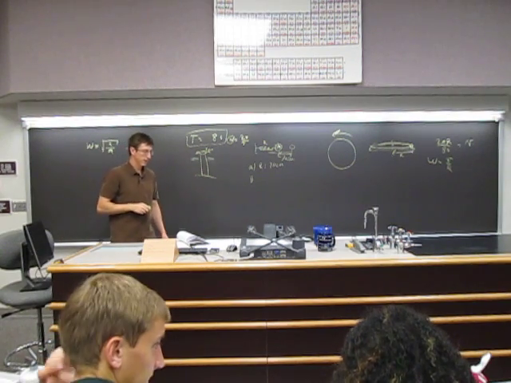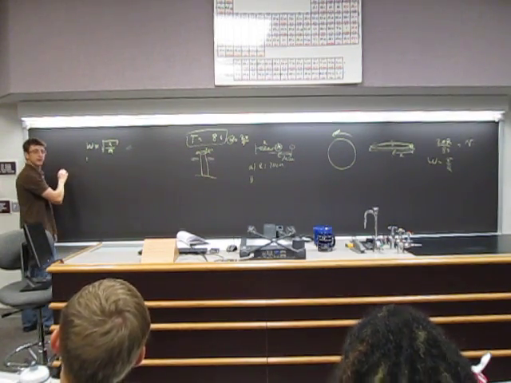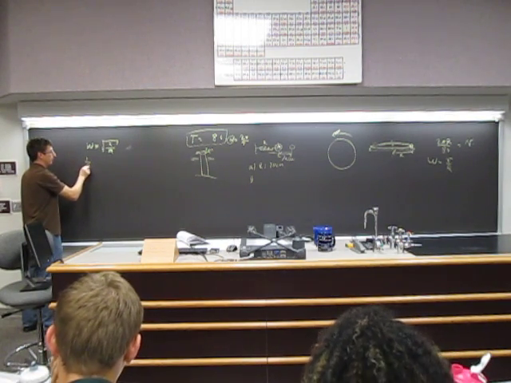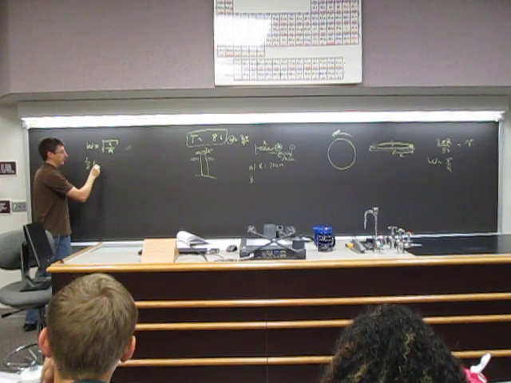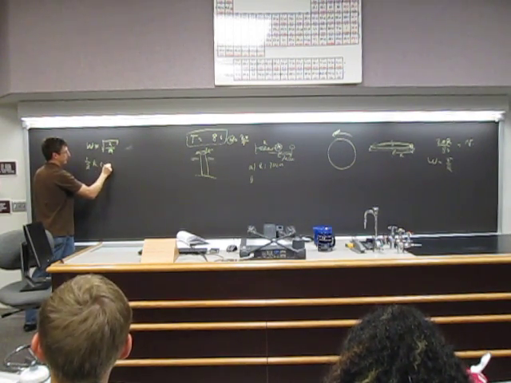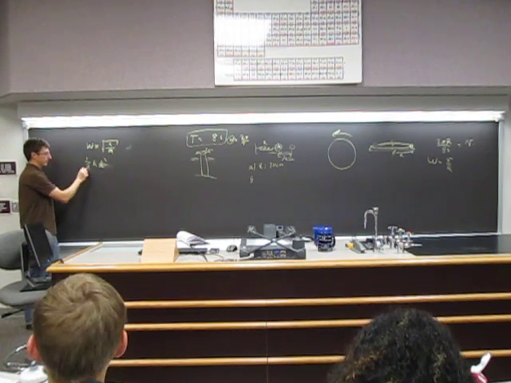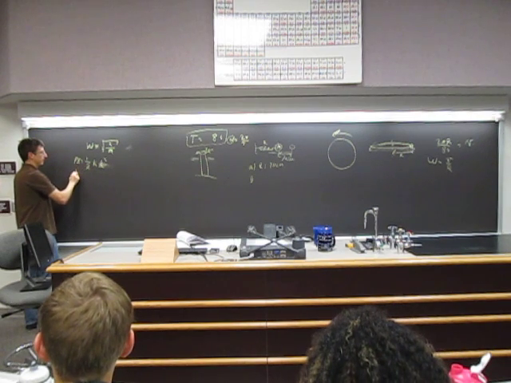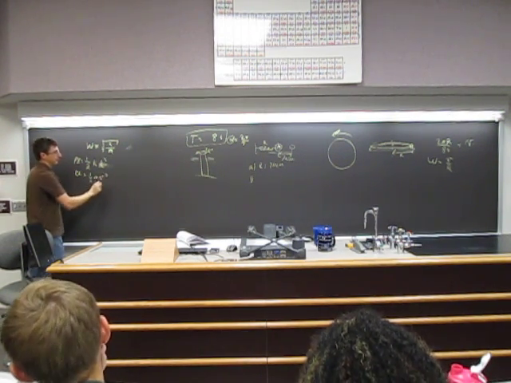Okay, and the potential energy is 1/2 k times the distance it's stretched from its equilibrium point. We can call that d squared, and kinetic energy is 1/2 m v squared.